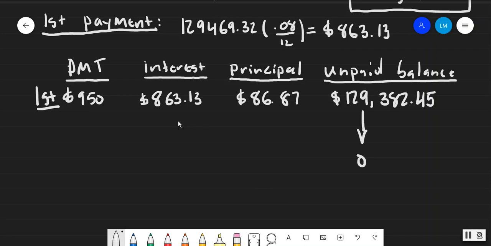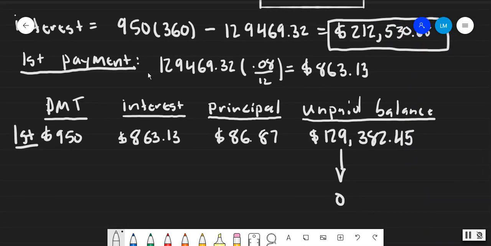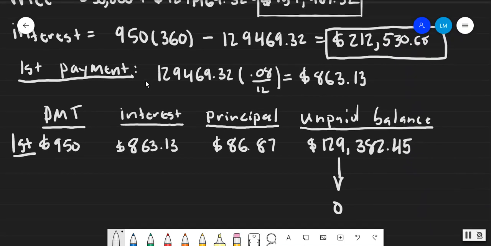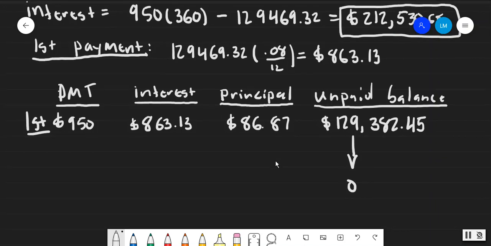But then you know that the interest paid back has to add up to what we found up here, which was the 212,530 and 68 cents. Now the payments, those are going to add up to whatever 360 times 950 is. And then the principal will be just the amount that was financed.